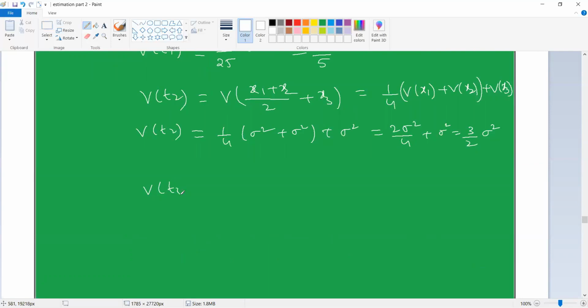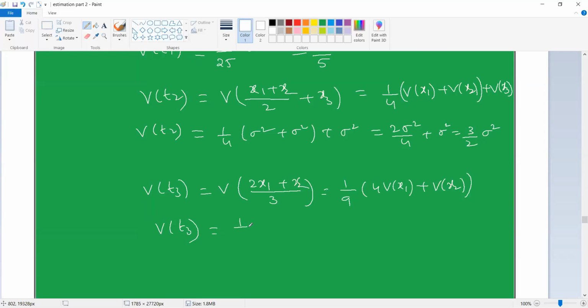Now variance of T3. Variance of (2X1 plus X2) by 3 is equal to 1 by 9 (4 variance of X1 plus variance of X2), that is 1 by 9 (4 sigma square plus sigma square), which is 5 sigma square by 9.